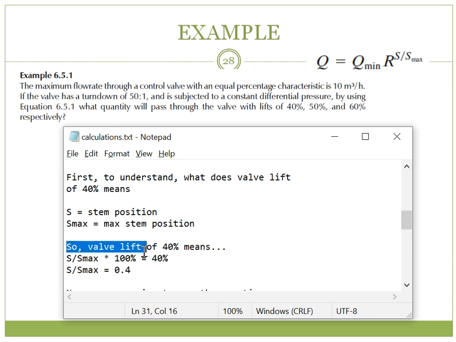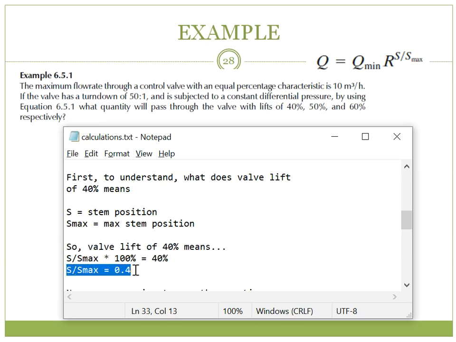So the valve lift of 40% means S over S max multiplied by 100% is equivalent to 40%, which means without the percent, S over S max is equivalent to 0.4.